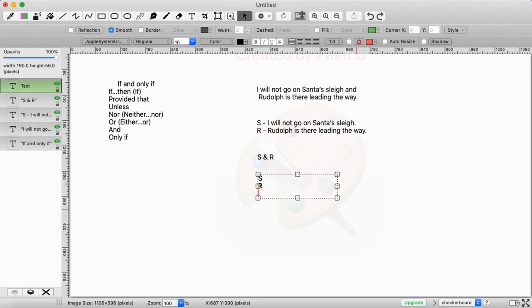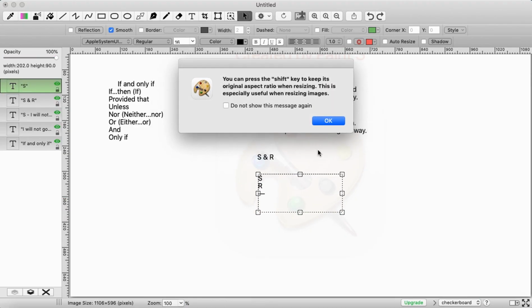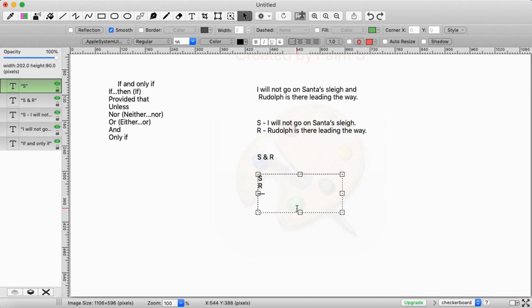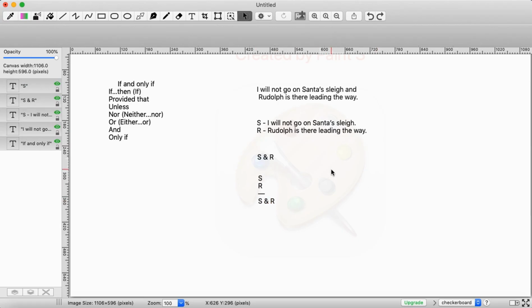Let's just do a simple one: S, R, and that means S and R. Therefore, S and R. We're saying S is true, we're saying R is true, and then we're saying S and R are true. You can look in a previous video for why this is a thing. So S and R are true, so this thing is true. That's what AND is.